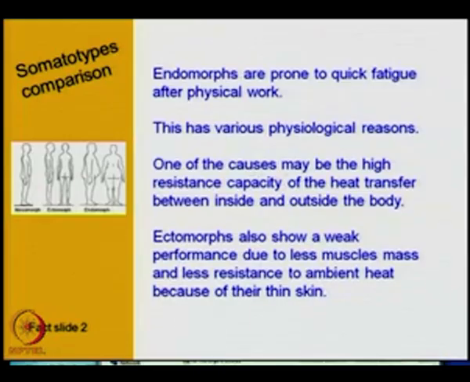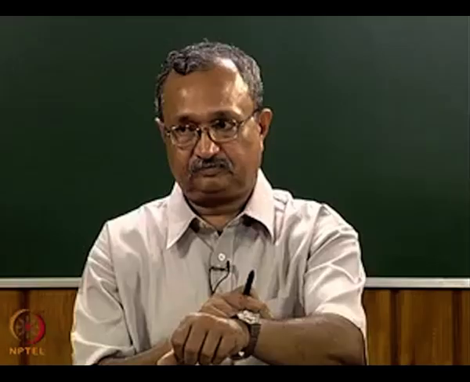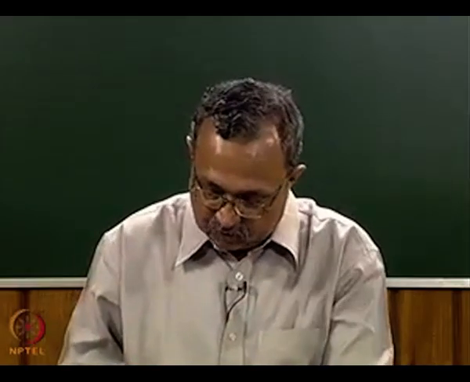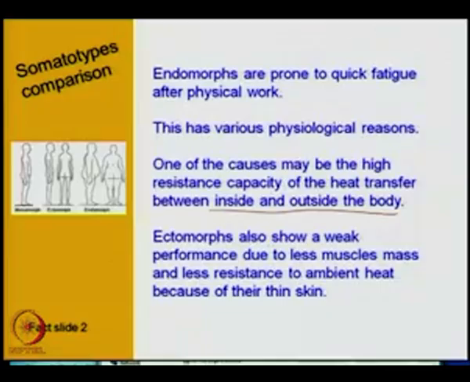One of the causes may be the high resistance to heat transfer between inside and outside the body, which is regulated by the presence of a fat layer. Ectomorphs also show weak performance due to less muscle mass and less resistance to ambient heat because of their thin skin.